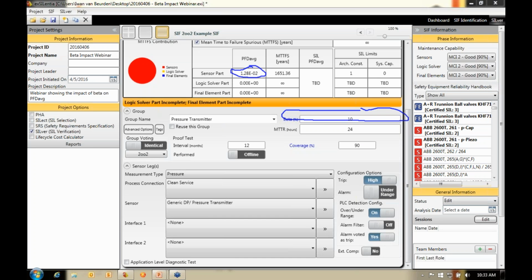So if common cause starts at 0, we have a probability of failure on demand of 1.34E-2. If we go to 10%, we see that it drops to 1.28E-2.